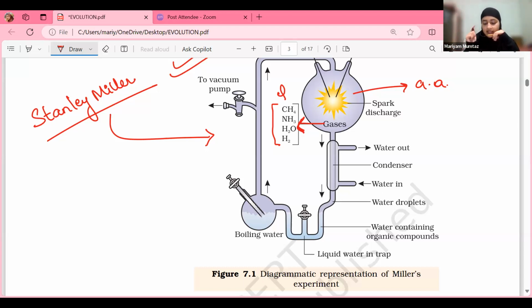You write down this line. According to this theory, life was transferred from one planet to another in the form of some small units of life called spores.